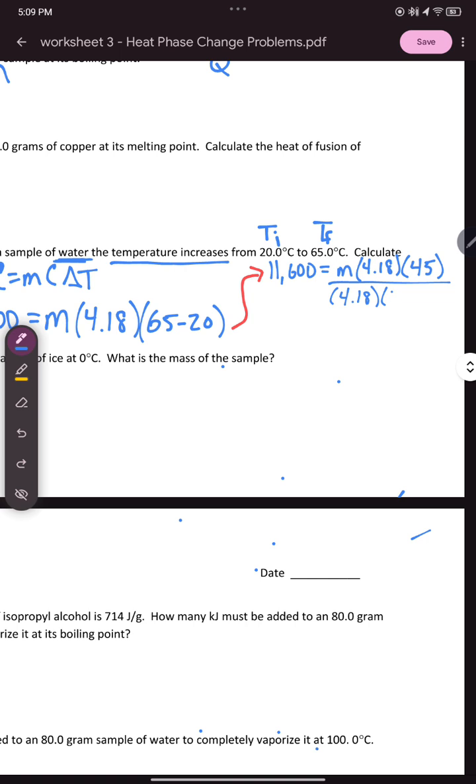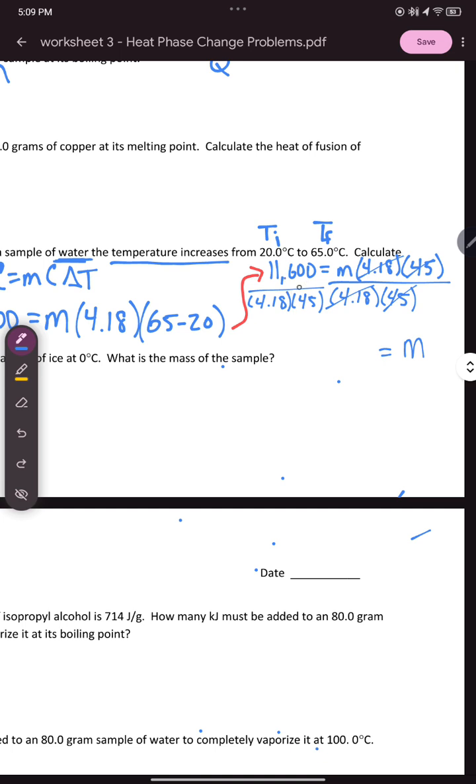So the way we're going to set this up is going to look a little something like this. The 4.18s will cancel. The 45s will cancel. Whatever we do to one side, we have to do to the other side. So your mass is going to be equal to this big calculation.